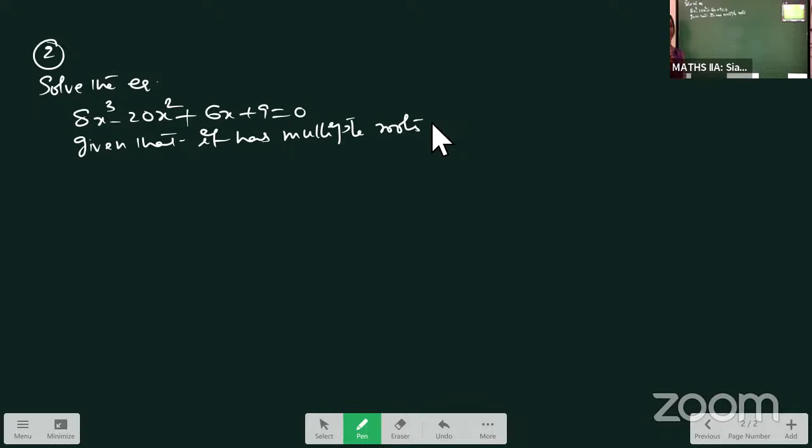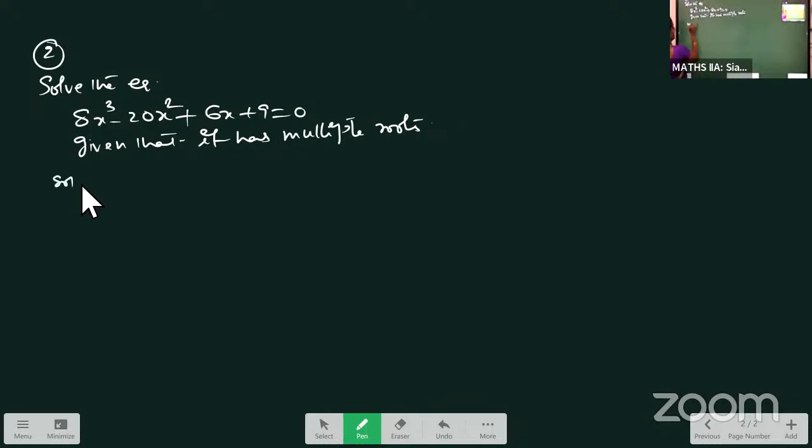Given that it has multiple roots, what is the meaning of multiple roots? A cube function is given to us, so it will have three roots, alpha, beta, gamma. Among them, at least two may be the same. Multiple roots means same values will be there. So let us check what those two values are. Let's go for that.